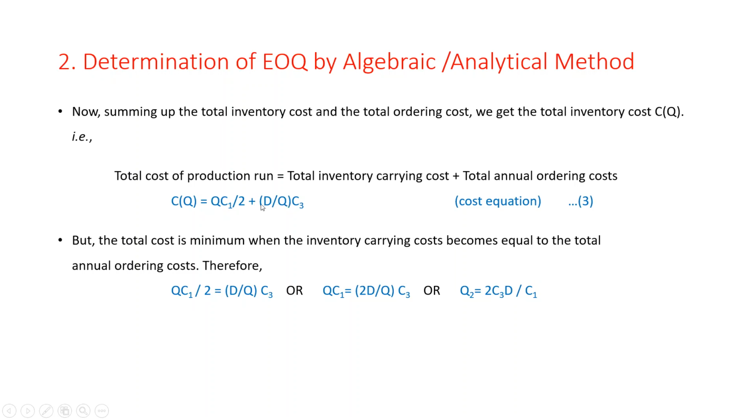Here we get QC1 divided by 2, the total inventory carrying cost, equal to DC3 divided by Q, or we can say that Q squared C1 is equal to 2DC3, or Q squared equals 2C3D divided by C1. So these are the three possible equations we get from equation number 3, where the inventory carrying cost is equal to the annual ordering cost.